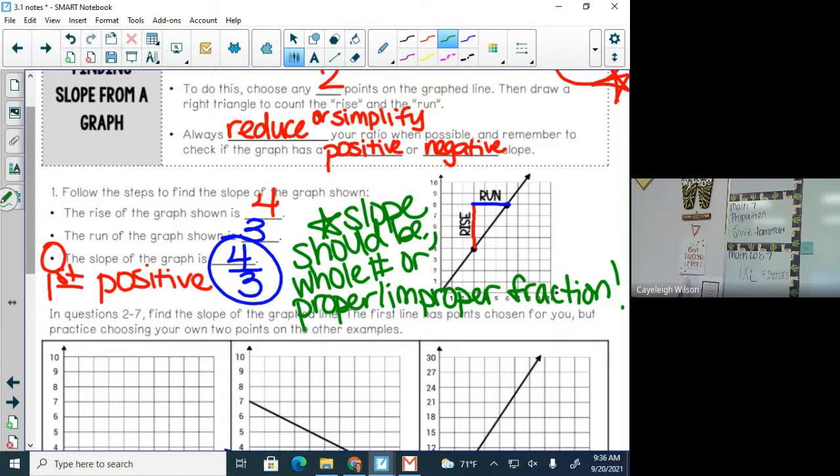Slope should never be a decimal, and it should never be a mixed number, ever. The slope will always either be a whole number or a proper or improper fraction. That is a huge deal. So that's why I'm leaving that as positive 4/3. Now, if it was like 8 over 6, I would reduce that to 4/3.